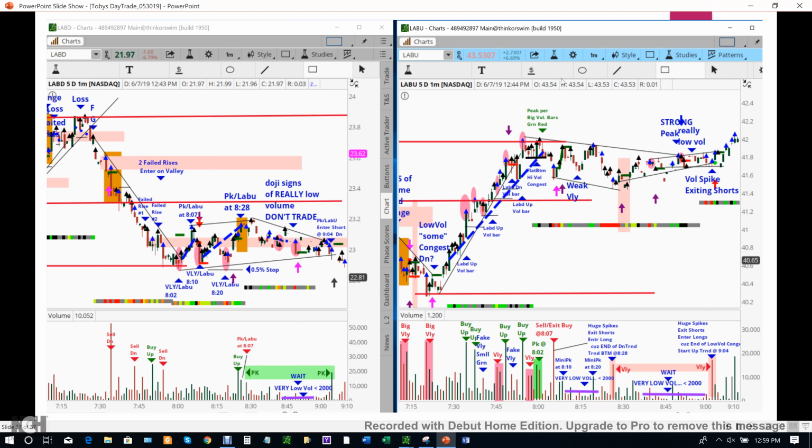If we start over here at LabD, you can see it goes down. There are only a couple of times that we can make an up trade, a long trade. From here could be one, and here could be one, or you could have gone there and then there. So during this time window, there are two possible trades to go up.